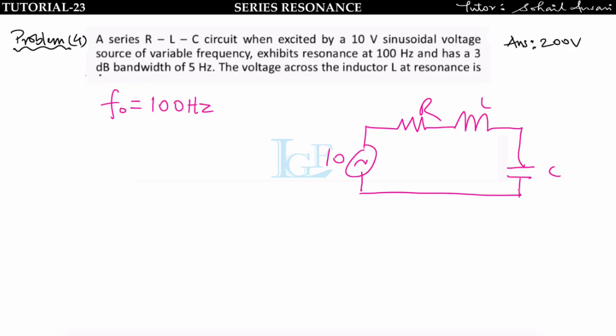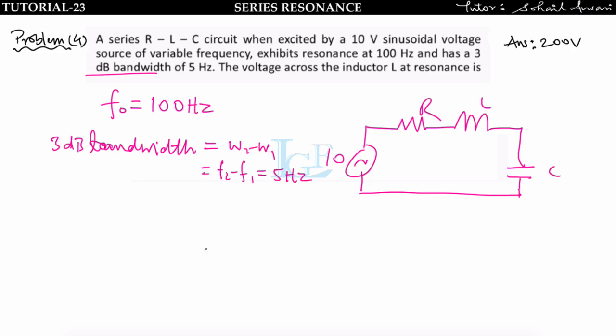What do you mean by this 3 dB bandwidth? This is nothing but omega 2 minus omega 1 or f2 minus f1, that is given by 5 Hz. Okay, now I have to find the voltage across inductor L at resonance.